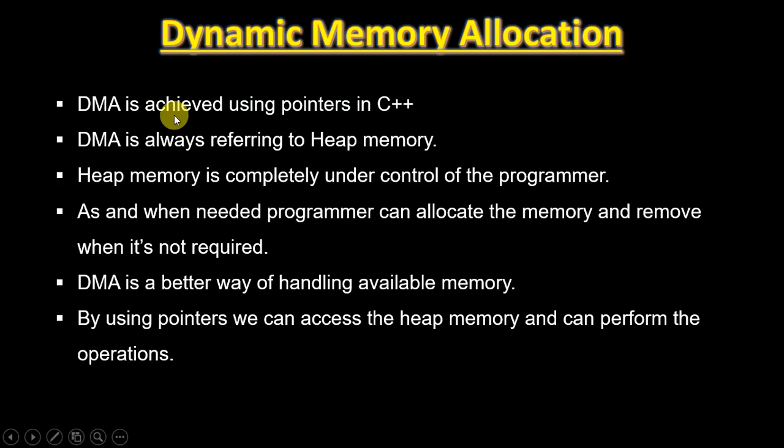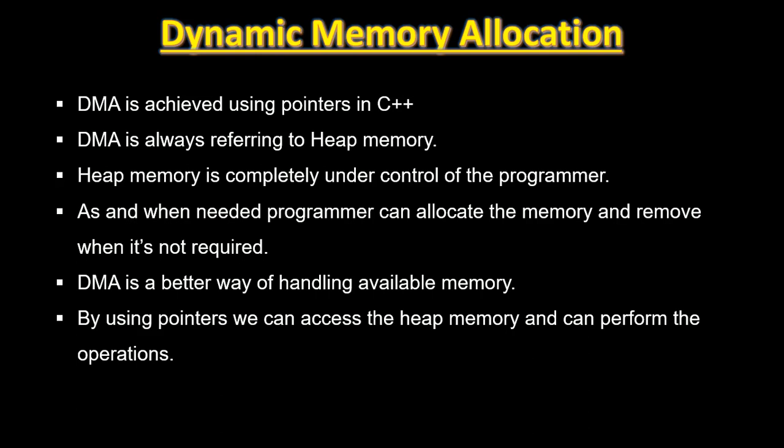DMA is achieved using pointers in C++, and whenever I am talking about dynamic memory allocation, we are referring to heap memory allocation only. Previously we discussed that we have different memory segments: the stack memory segment, the heap memory segment, and the data segment.